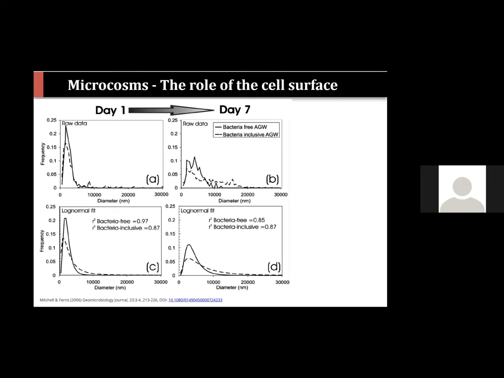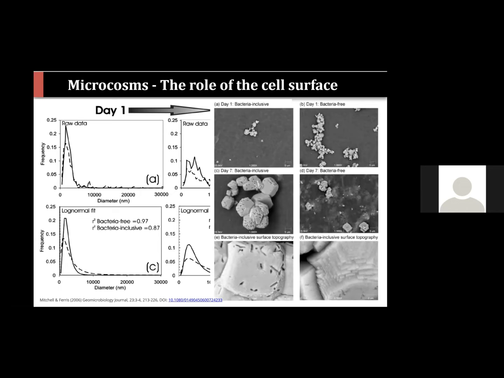More interestingly as well, when we look at the crystals formed, in particular if we look at the image down here, we're getting rather large crystals formed, which are encasing the cells.